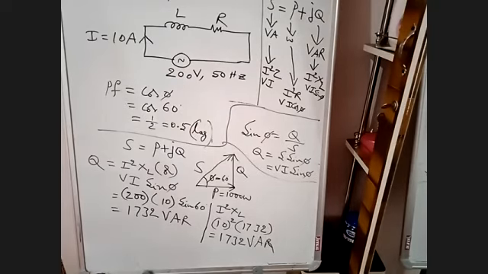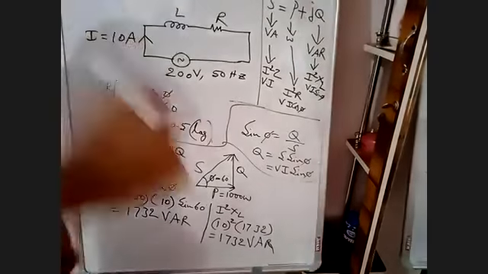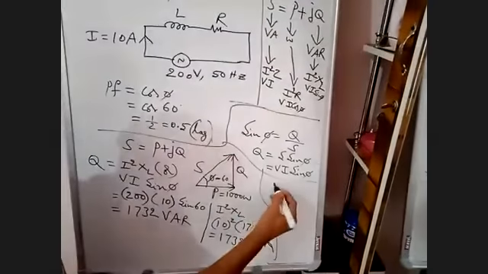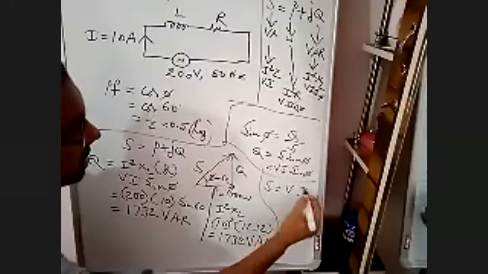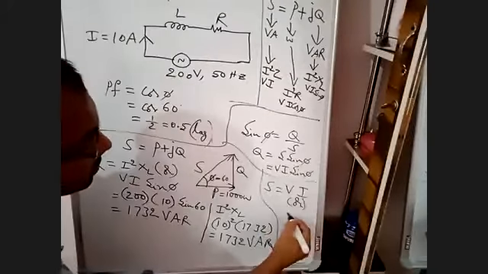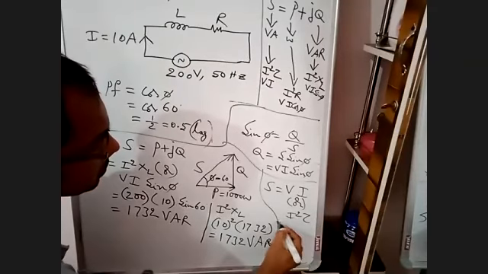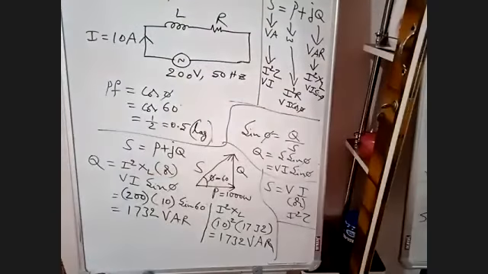Now in the problem we have calculated Q. Now what we have to calculate? Apparent power. S is equal to VI. Formula for S is VI or I square Z. Calculate and tell me the S value.